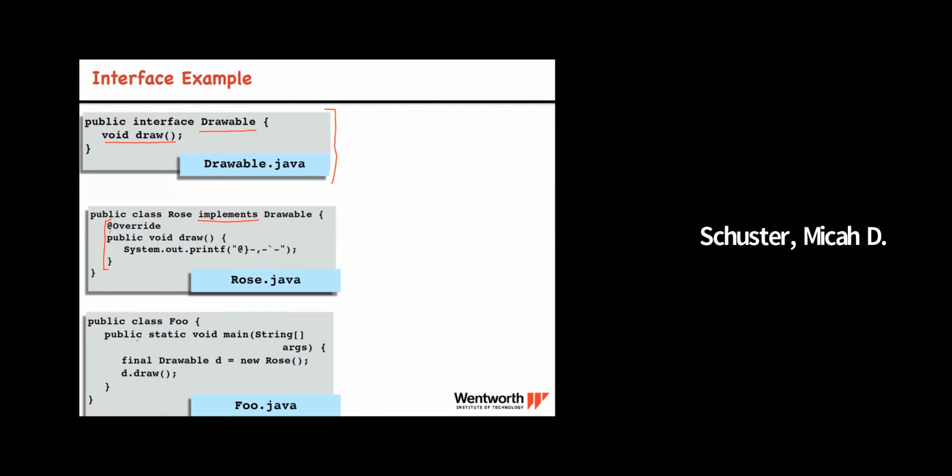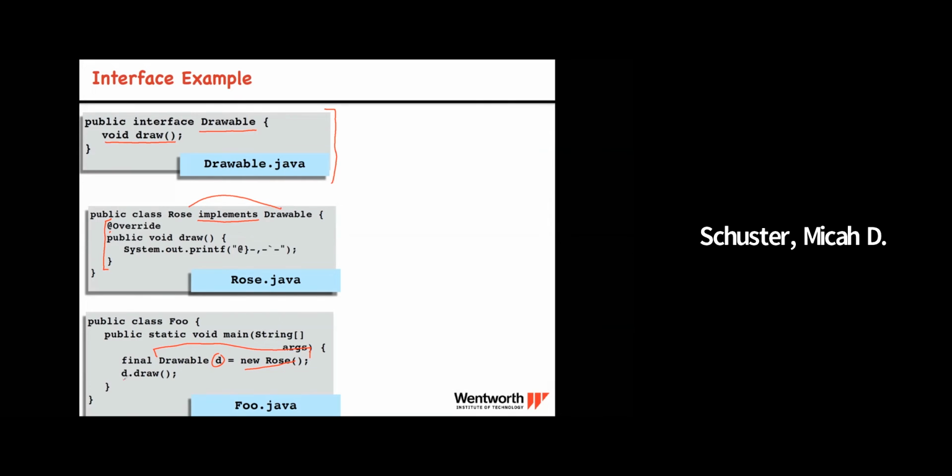Now, if I come down to main, the class that contains main, this is more polymorphism. I can create a Drawable object called d that is a Rose, because Rose implements Drawable. So Rose is Drawable.